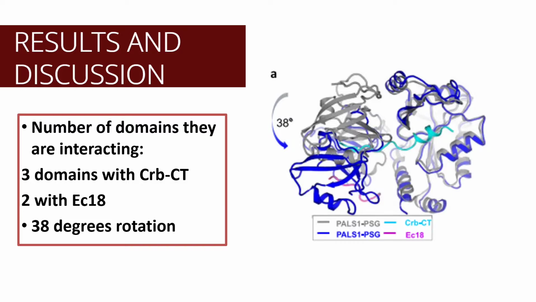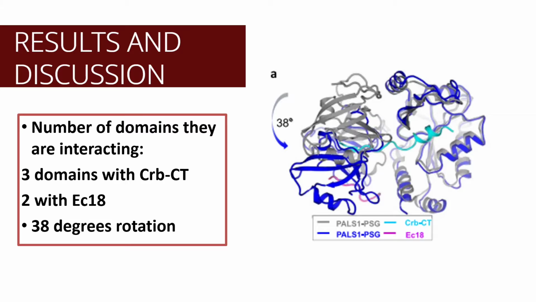To understand the structural basis of EC18 Pulse 1 binding and its implication with respect to virulence, we compare this complex with the X-ray structure of the PSG CRB-CT complex. It shows that 3 domains are interacting with the CRB-CT, while only 2 domains are interacting with the EC18, as shown in the previous slide.